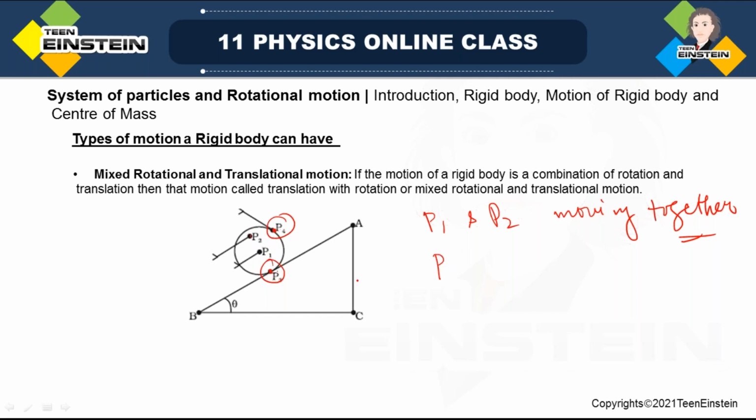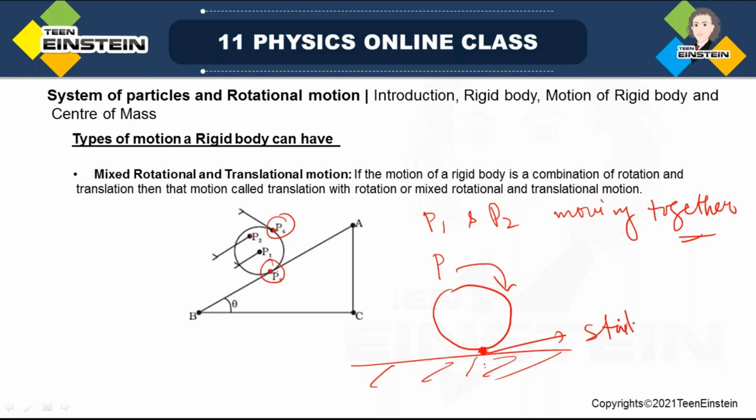Now look at P3. P3 is actually at rest when any object is just rolling on a floor or inclined plane. This point will be with the ground, and for the time being, when it rotates, this particular point for an instant will be fixed to the ground. It is a contact point with the ground, so it will be stationary.